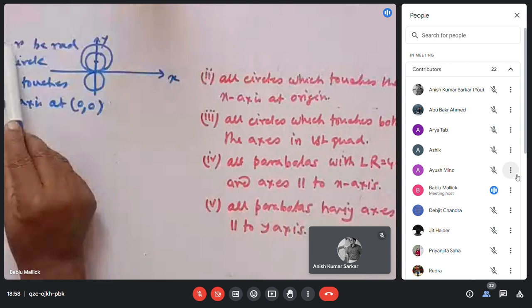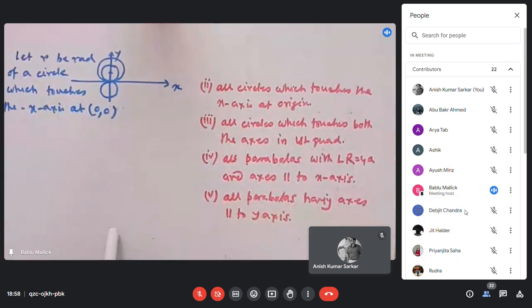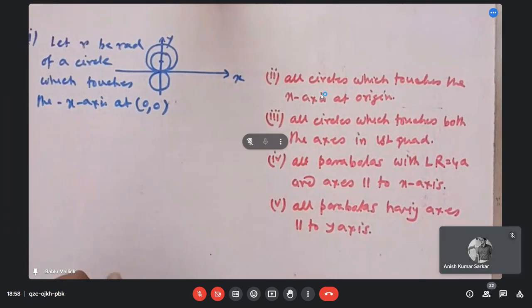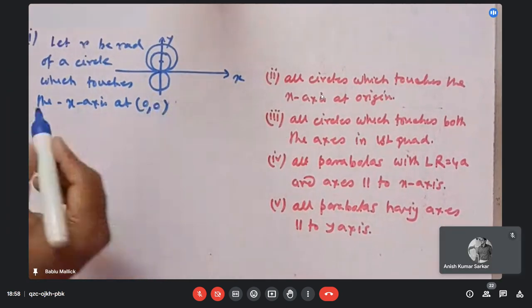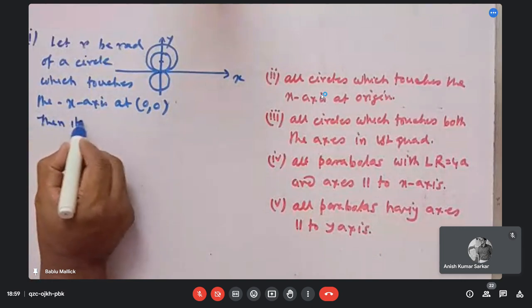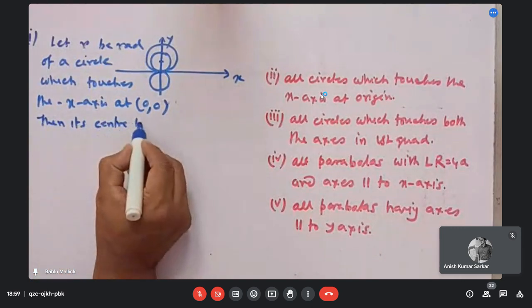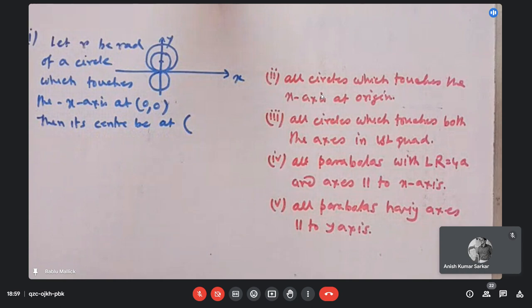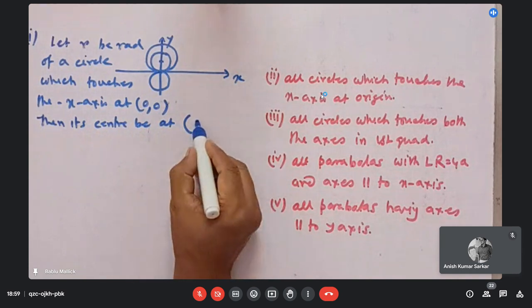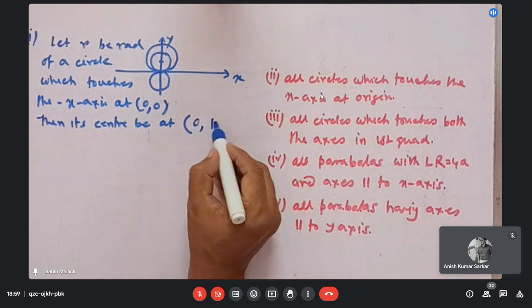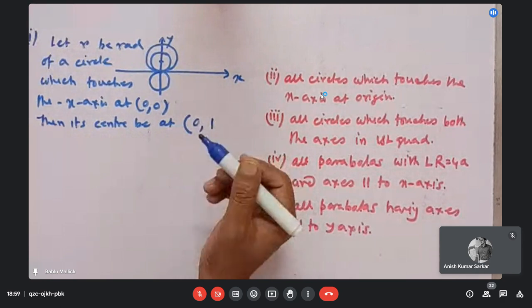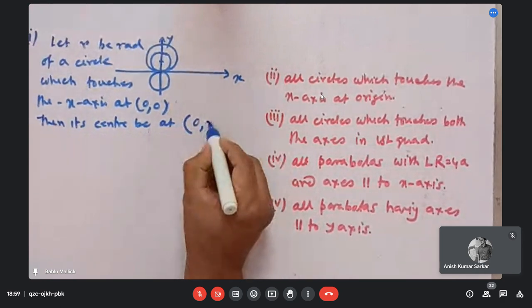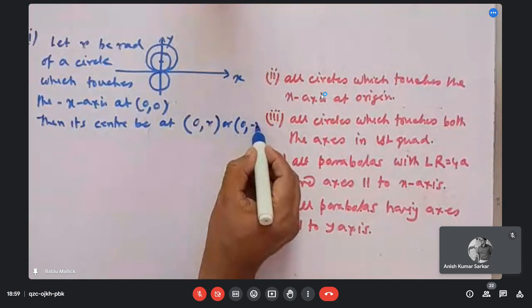Okay, write: let r be the radius of a circle which touches the x-axis at origin, then its center, tell me, what will be the coordinate of the center? 0, r or 0, minus r, right?